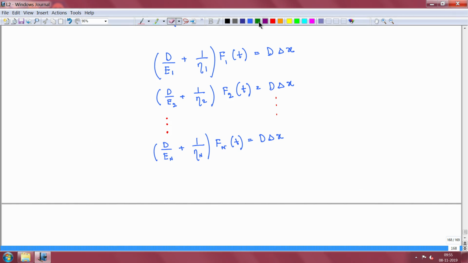So, I have to figure out some other way, and the way to do this would be to add all the different forces. I just want the same multiplier with all of them, but the multipliers are different. So, I can resolve this problem by multiplying both sides of these equations by this combination.